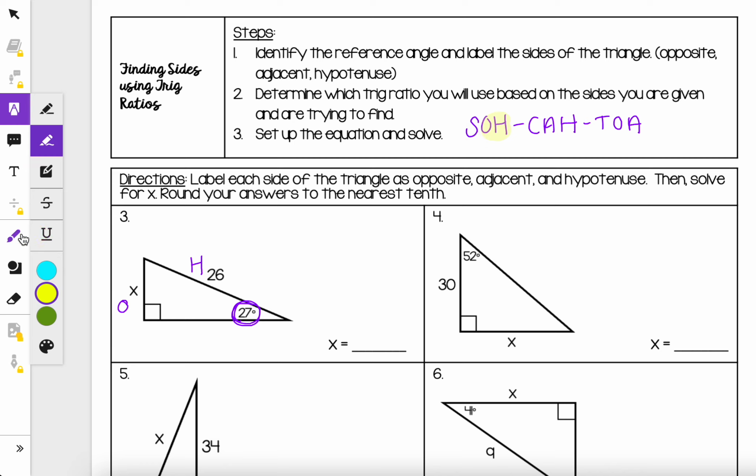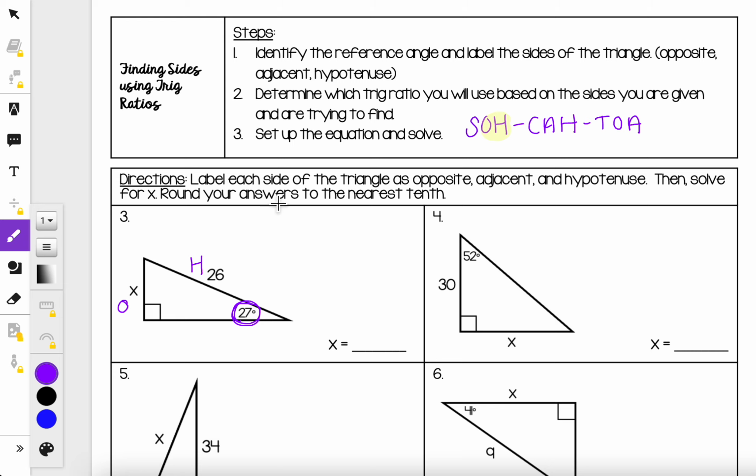All right, so the way I'm going to set this up is the sine of 27 degrees. I don't have to say angle A or angle B because I know the measure of that angle is going to equal my opposite over hypotenuse, or x over 26.